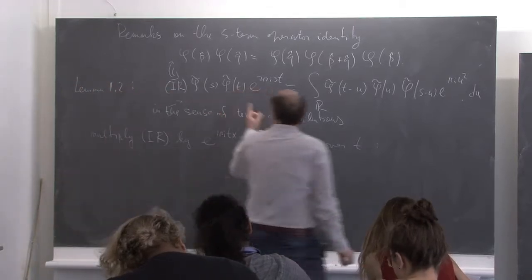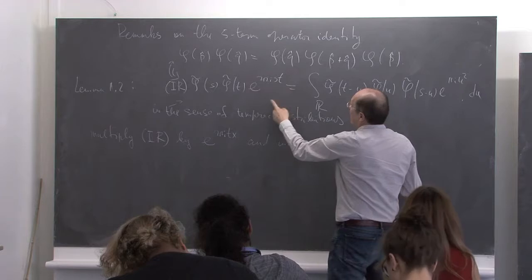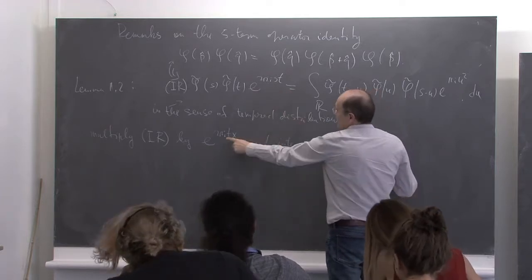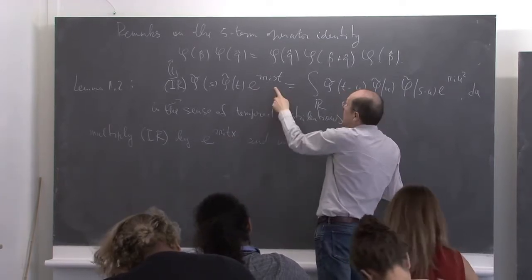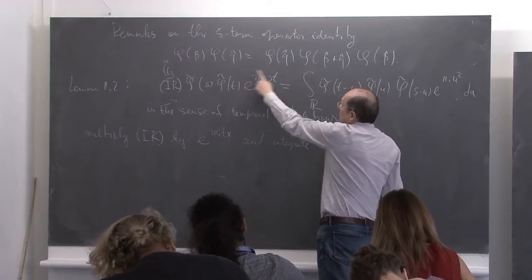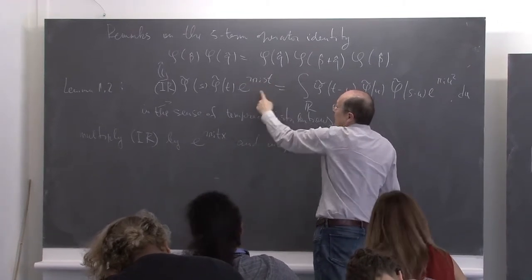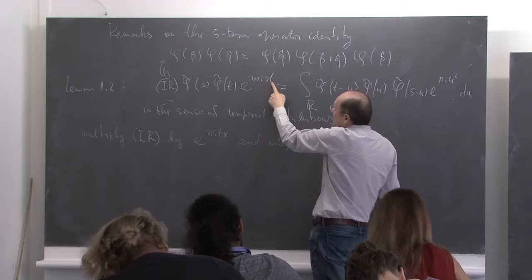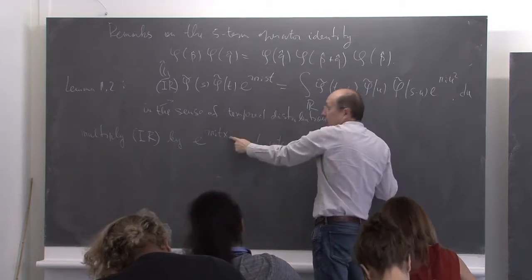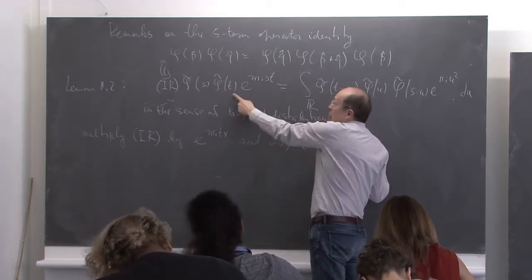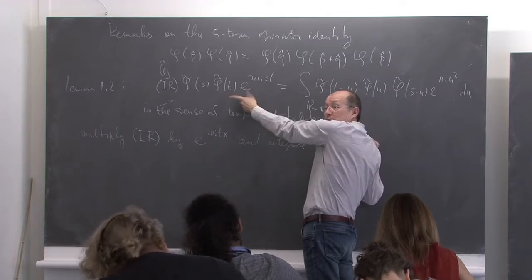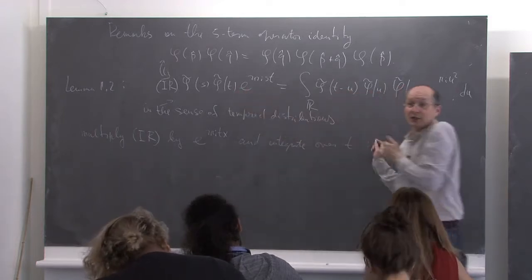In the left-hand side, what we will have? We will multiply this by extra exponential factor. So the ultimate exponential factor will be 2πit times (s + x). And when we integrate over t, this will be just the inverse Fourier transform.